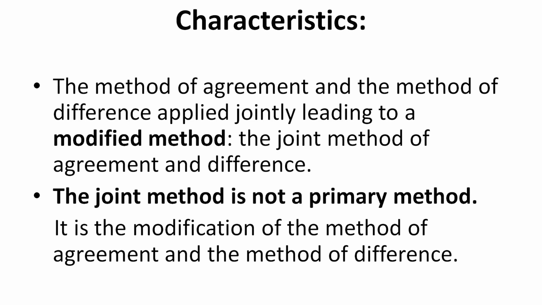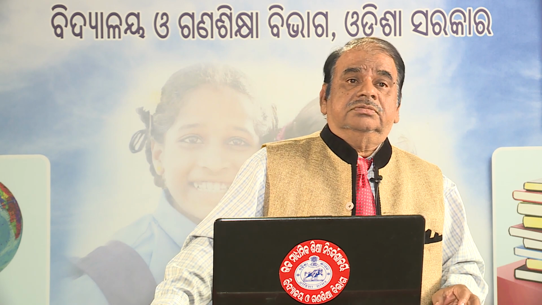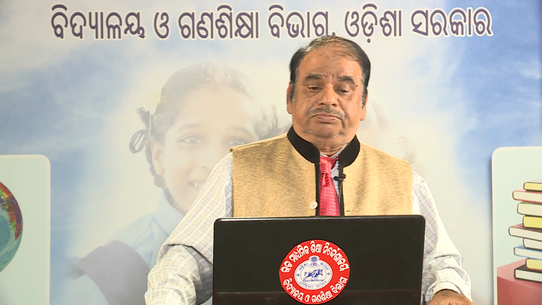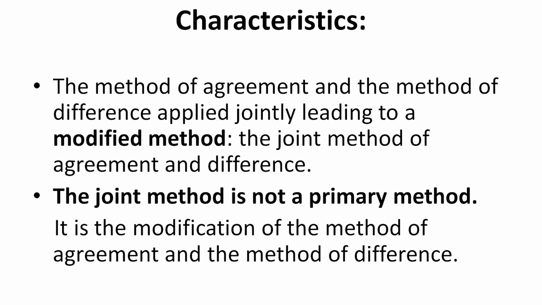Now, we have already discussed the characteristics of two different methods, and we have to also see what the characteristics of this particular method, the joint method of agreement and difference, are. First, the method of agreement and the method of difference are applied jointly, leading to a modified method, and the joint method is the method of agreement and difference.